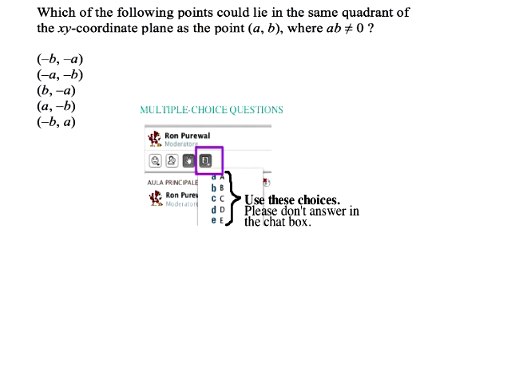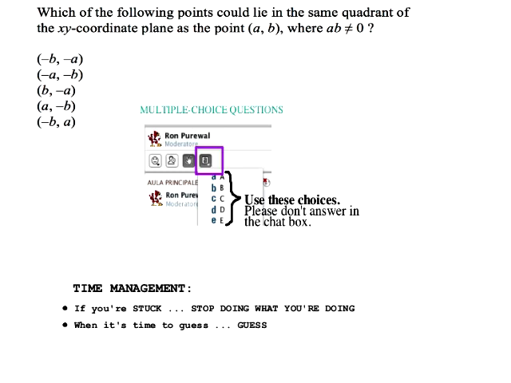Just remember that time management in this test basically boils down to 2 very simple principles. The first thing is, if you're actually stuck, then stop doing what you're doing. And the second principle is, when it's time to guess, just guess, as opposed to waiting 10 or 15 more seconds before you guess.